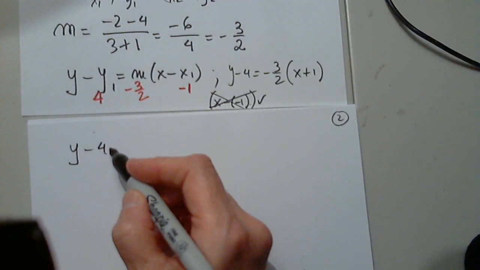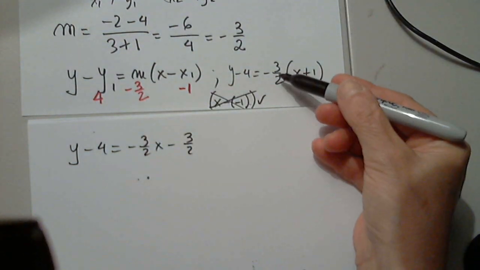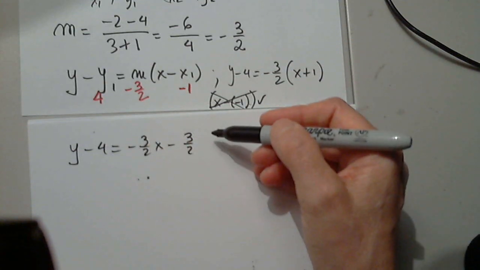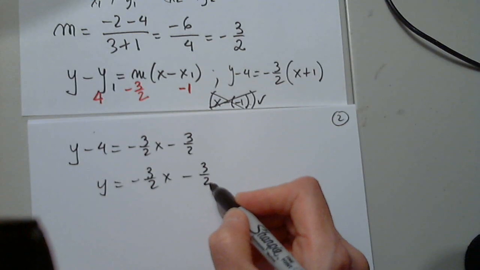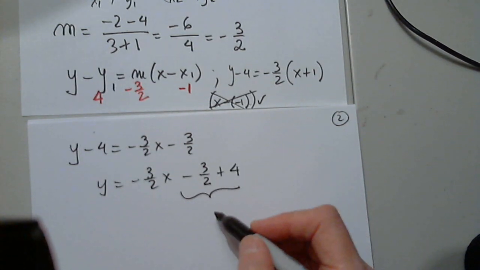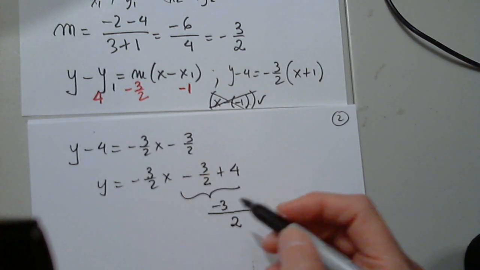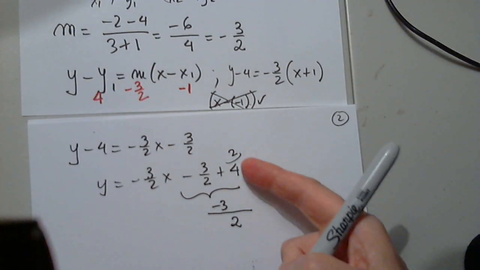So y minus 4 equals -3/2 x minus 3/2. This times this. Distribute to both, and then add 4. So y equals -3/2 x minus 3/2 and plus 4. Remember, here we have to find the least common denominator, which is 2. This is -3, and this one needs to be multiplied by 2. This is not a fraction line.